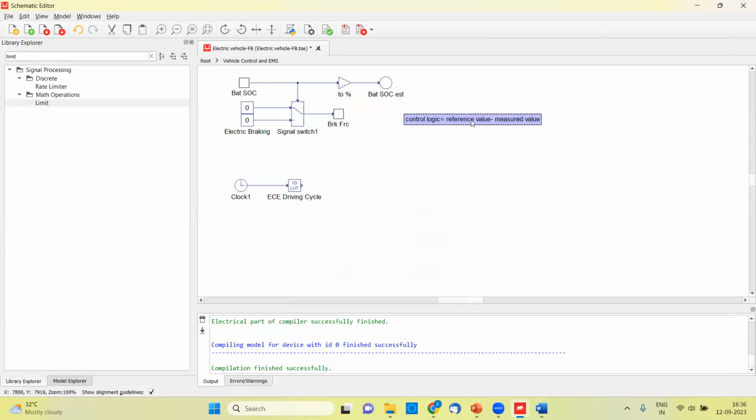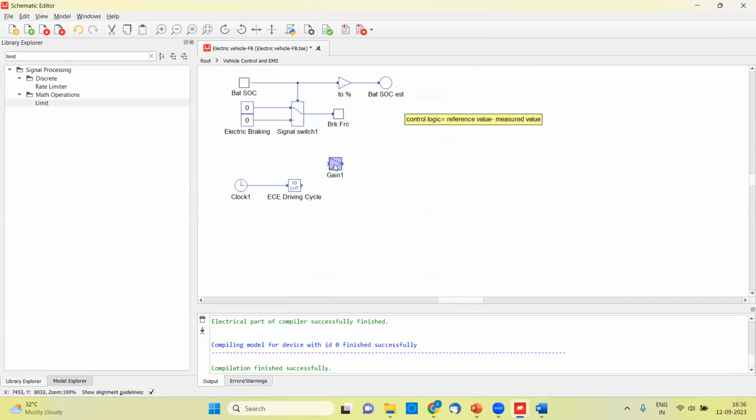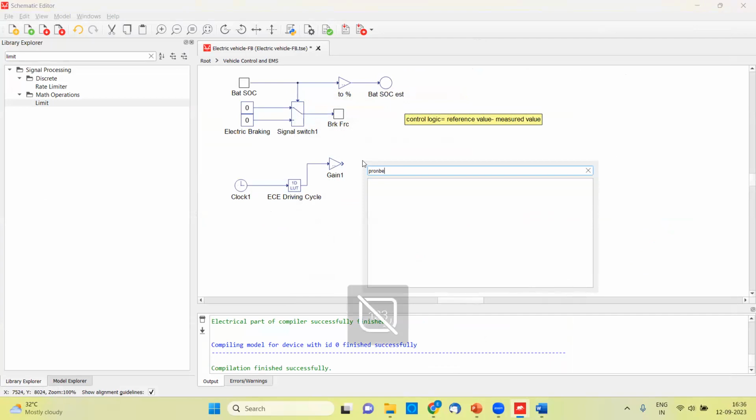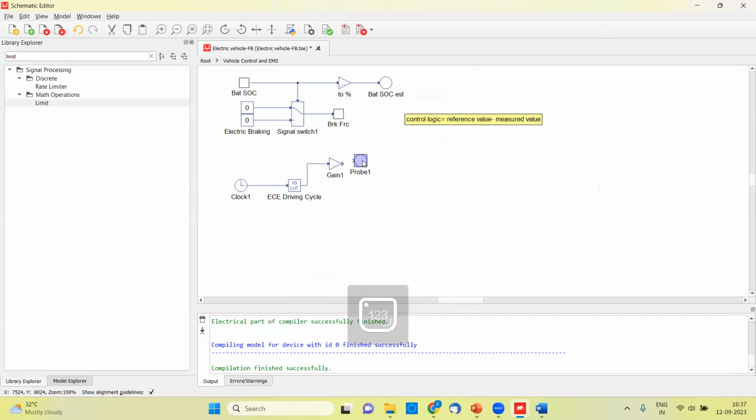First of all, I will take one gain block over here. I'm connecting it with my drive cycle and I will connect a probe over here. So this is connected.